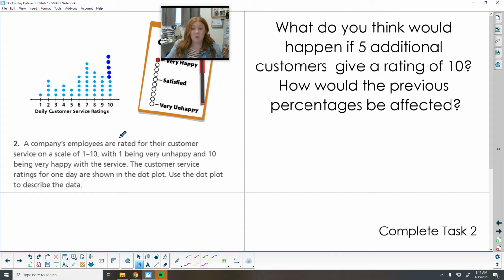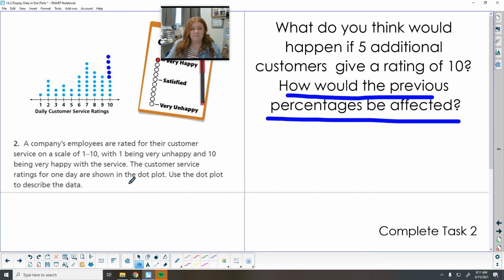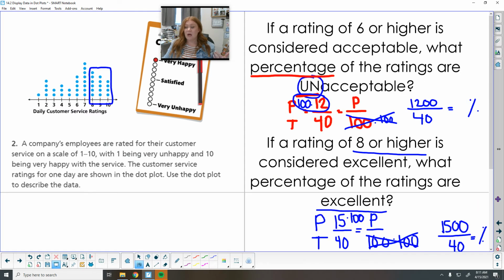So is our data going to stay the same? Well, we just added on more people. And so how would the previous percentages be affected? So we compared the ones that were 5 and below. Well, now there's even less of those compared to these ones. So I think the percentage of what was the word they used?